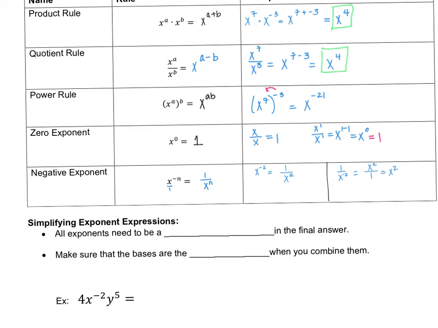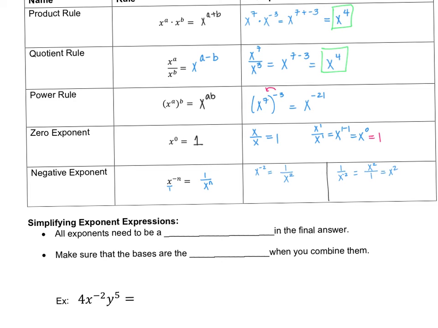And another thing I want to mention is that we often don't like negative exponents, so we cause it to become positive by switching its place with the numerator or the denominator. So we'll practice this idea some more. If you don't quite get it yet, don't worry, we're going to do a lot of practice with it.